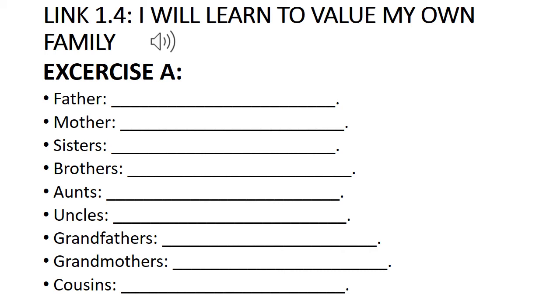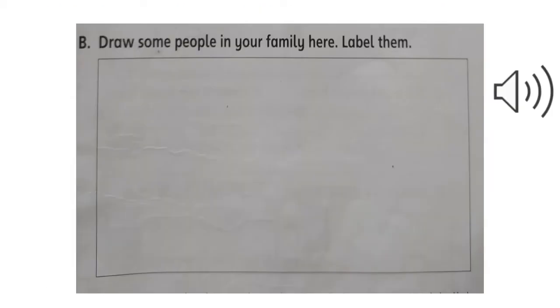My father's name is Raza, but you don't have to write it. You have to write the name of your father. You have to write the name of each family member. If you don't have any of the family members, then you don't have to write their name. You just have to put a small dash in front of their name.